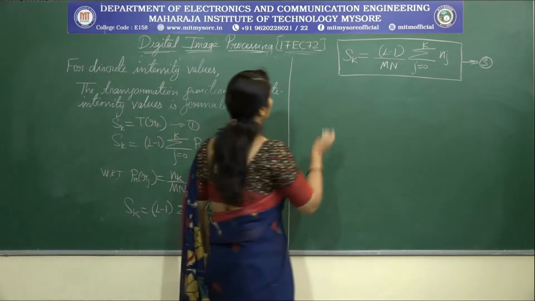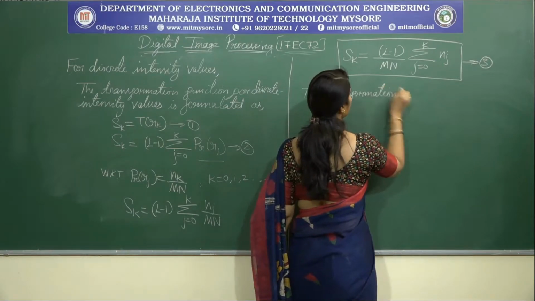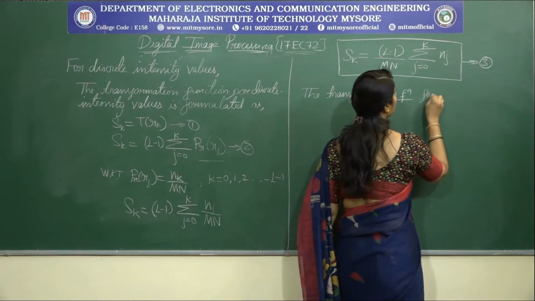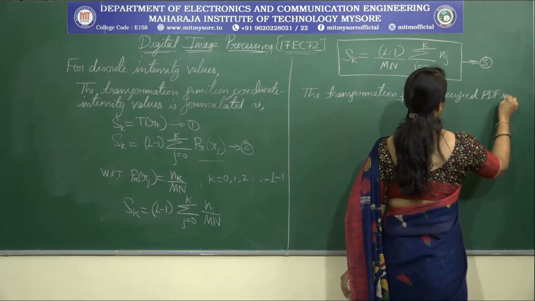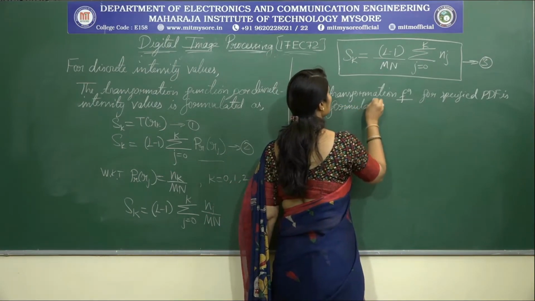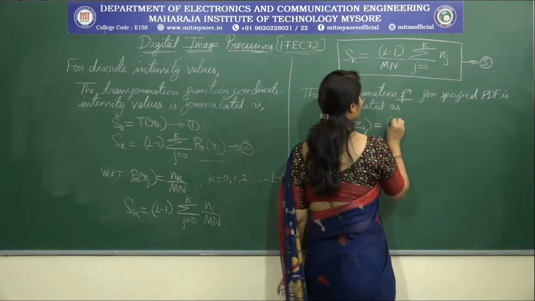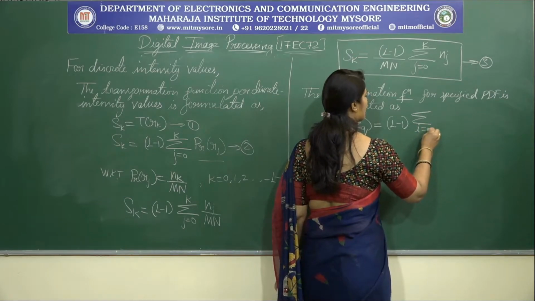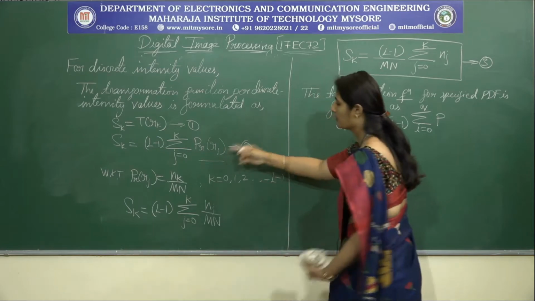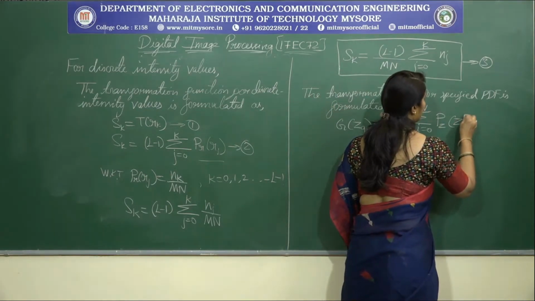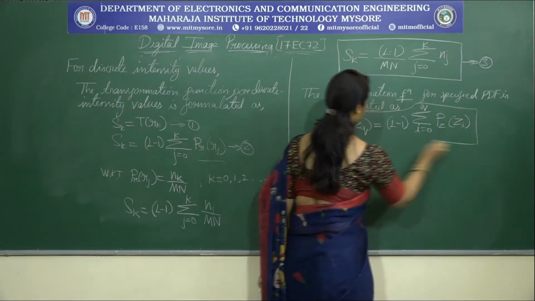So the transformation function for the specified probability is formulated as G of ZQ is equal to L minus 1 summation i equals 0 to Q. Here instead of the input probability density function, we define Pz of Zi. This I call as equation number 4.